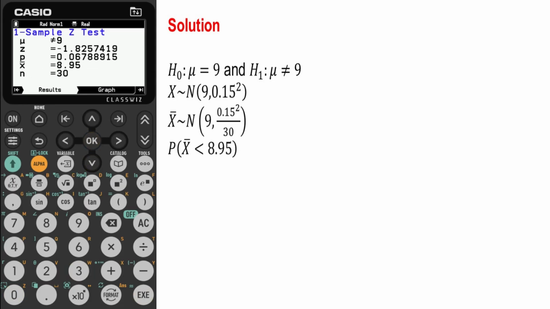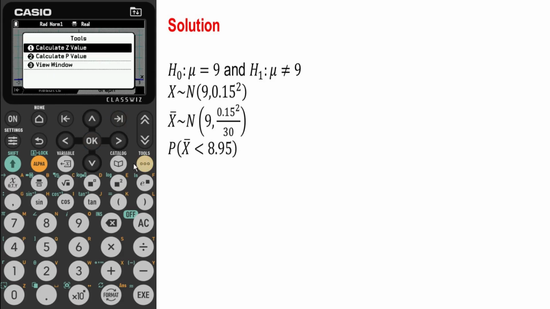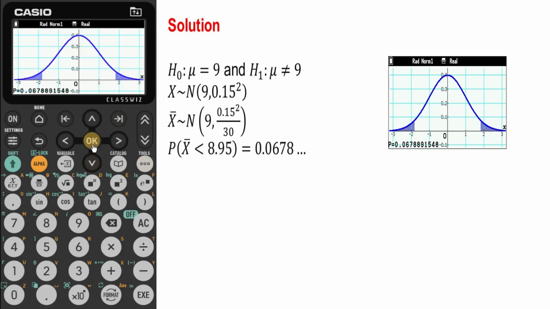You will find p to equal 0.0678, etc. If we graph and then calculate the p-value, we see we have 0.0678, etc. So the probability that x bar is less than 8.95 is equal to 0.0678, etc. If we compare the 0.0678, etc. with the 5%, we see that it is greater than 5%.